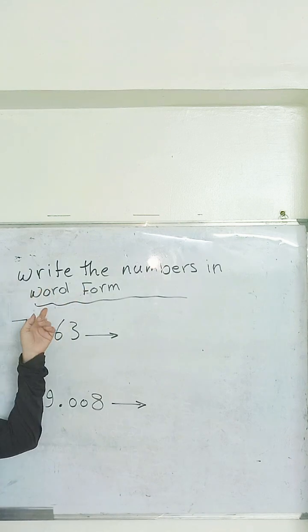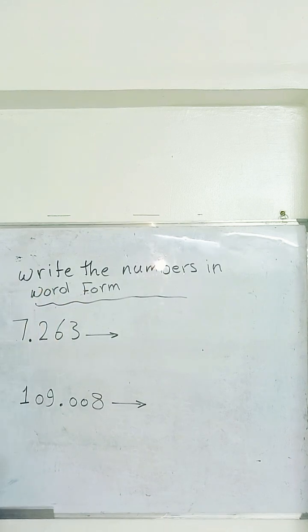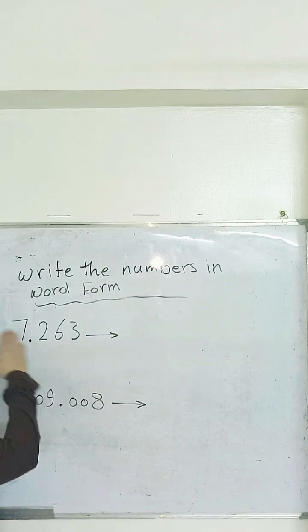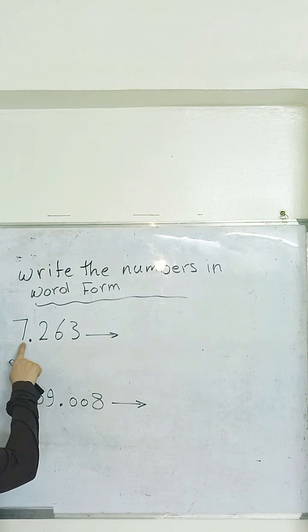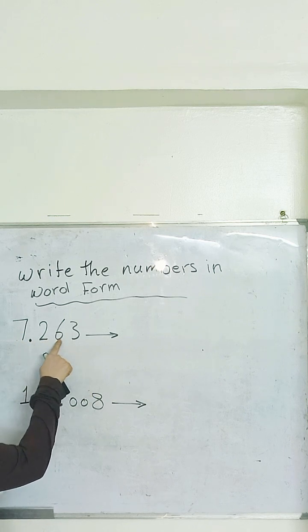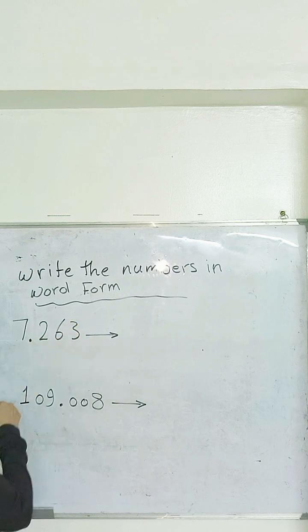Write the numbers in word form. Number 1, we will read the number from left to right. 7 and 263 thousandths. Yes.